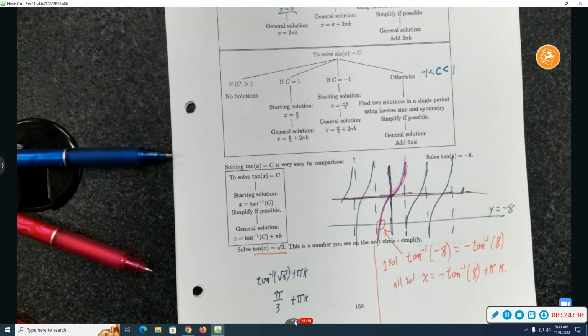Tangent is y over x. So let's take the easiest one first. What's the tangent of pi over 4? There's a thing that tells you: inverse tangent of 1 is pi over 4. Use that way to compute tangent.